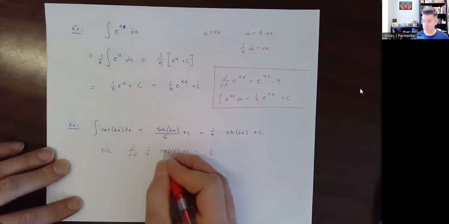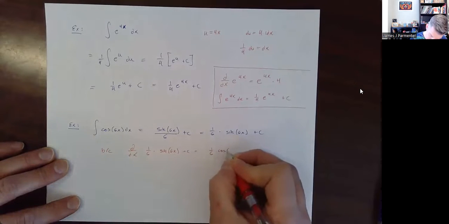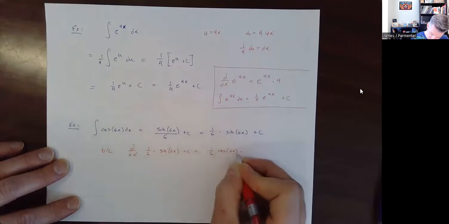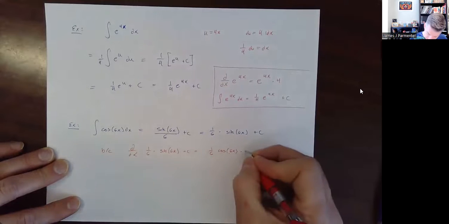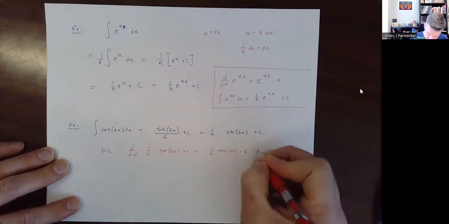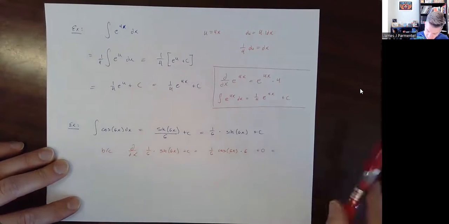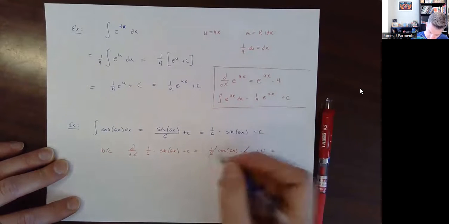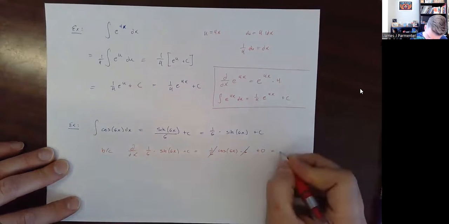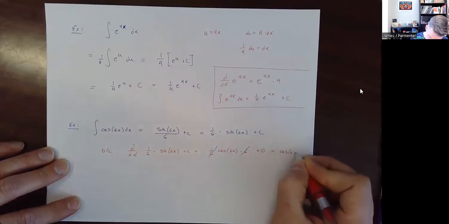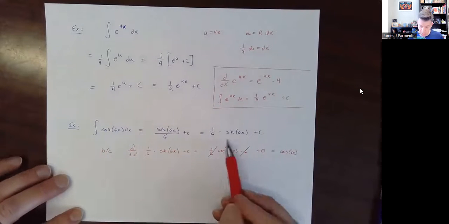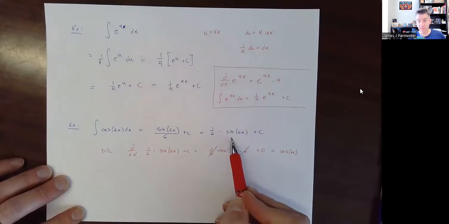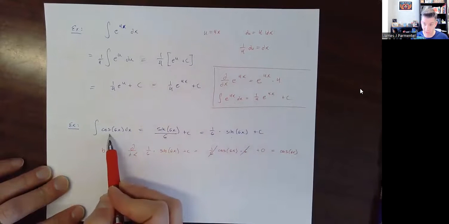The derivative of sine of some stuff is cosine of the stuff times the derivative of that stuff, and the derivative of 6x is 6. The derivative of c is 0. The 6 and the 1/6 cancel, and you exactly get cosine of 6x, as you should, because if you take the derivative of your antiderivative, you should end up back where you started.